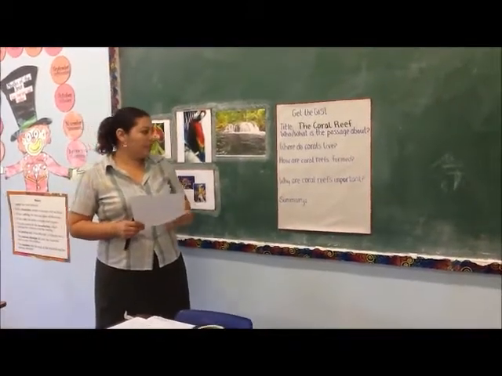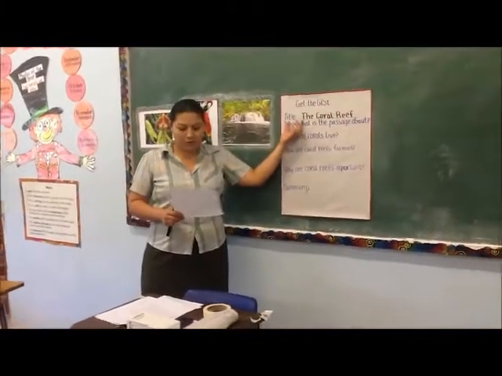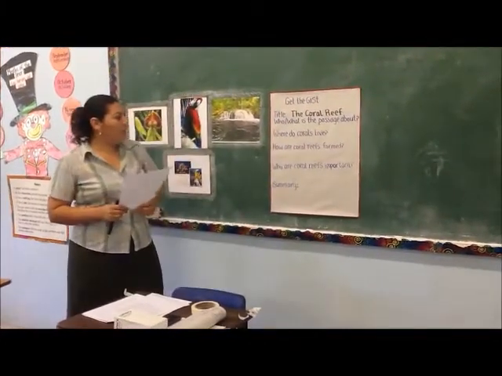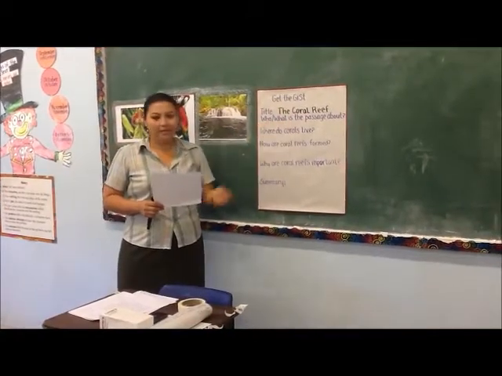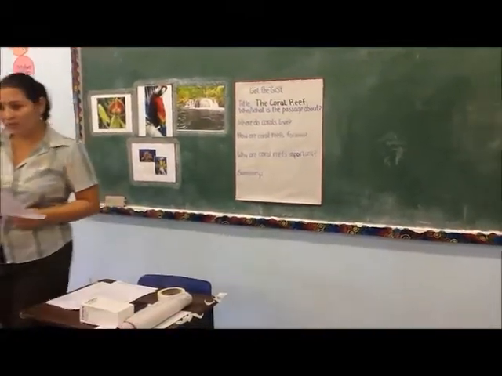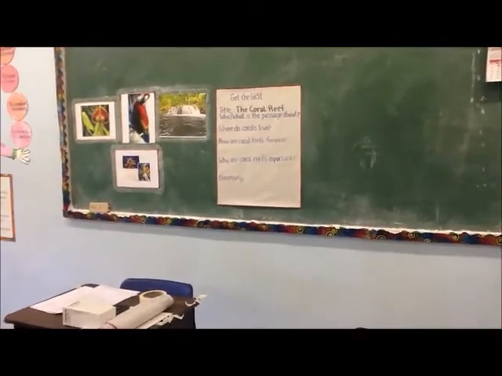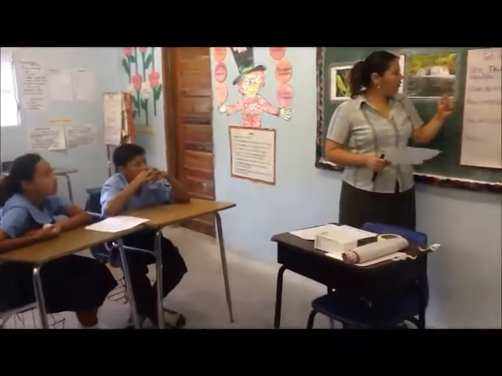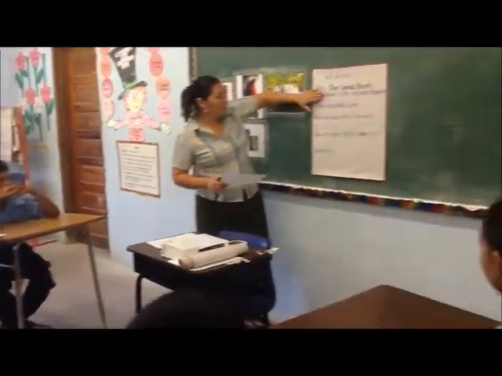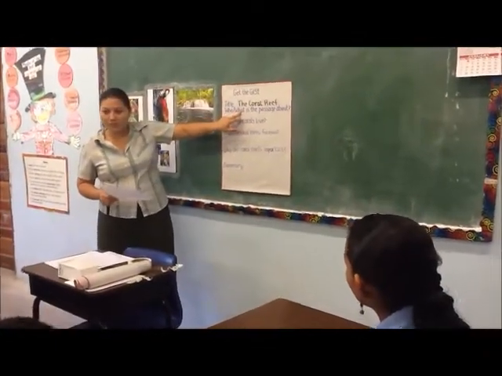So in this case, because we're speaking of the coral reef, which is the title of our passage, I have joined 2 questions here, who or what, because it's not about who. So let us begin by answering the first one. As I said, we're going to omit the who, and we're only going to use the what.